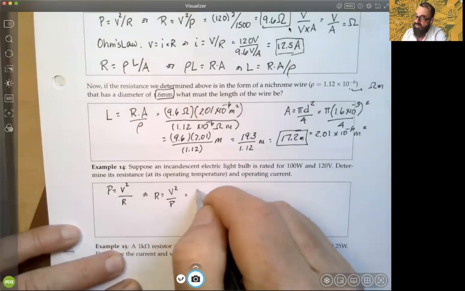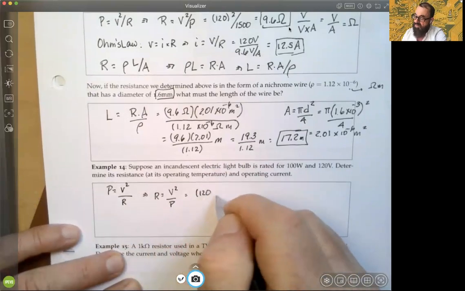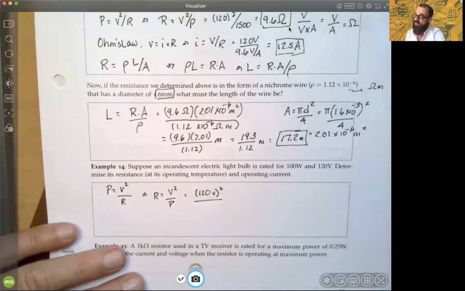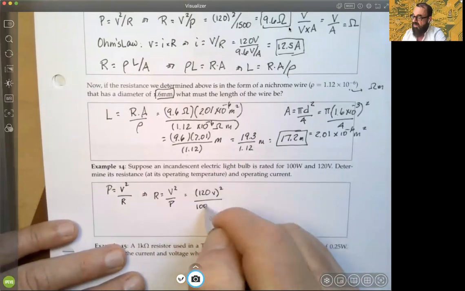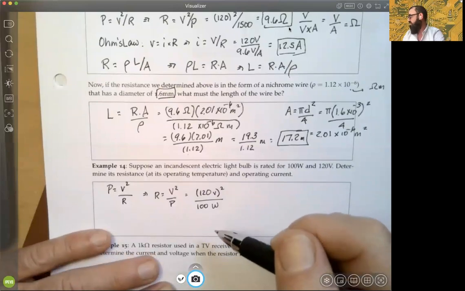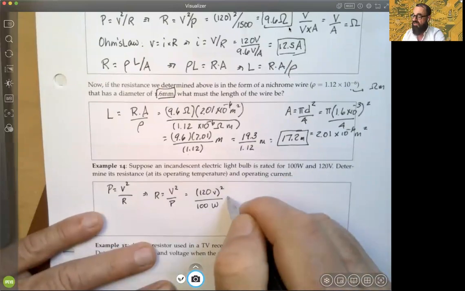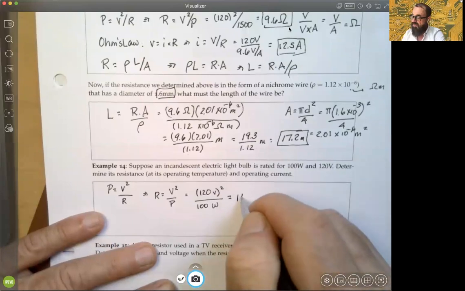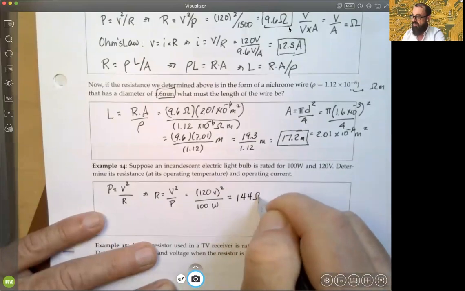So we know this is 120 volts. I'll go ahead and put the unit in, squared, divided by the power rating in watts, which was 100 watts, okay? And again, realizing that we can represent the watts in terms of volts and amperes, we should be able to get back out of this ohms, and the value should be 144 ohms, okay?